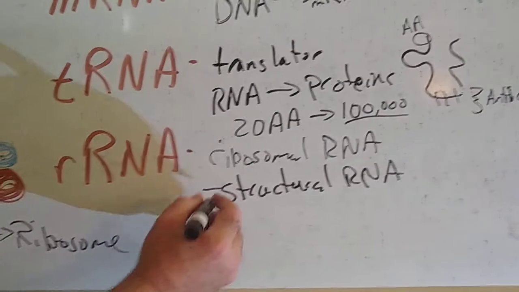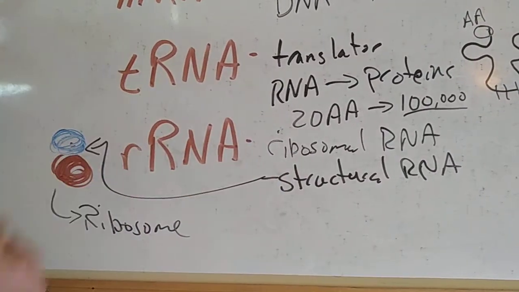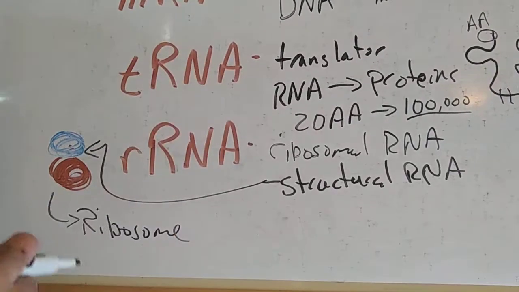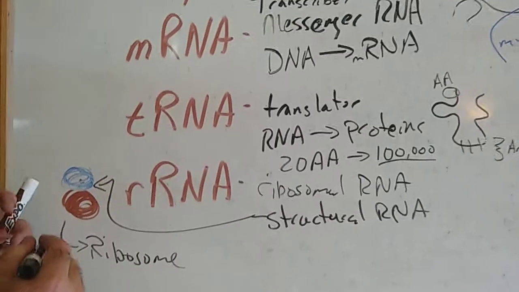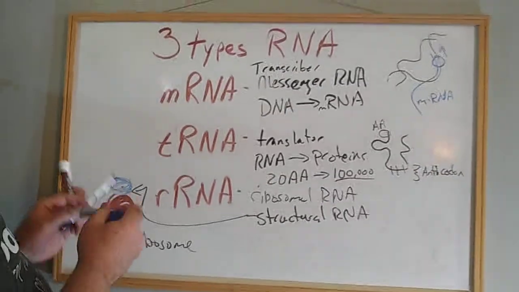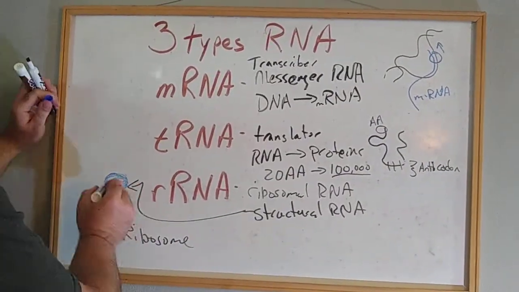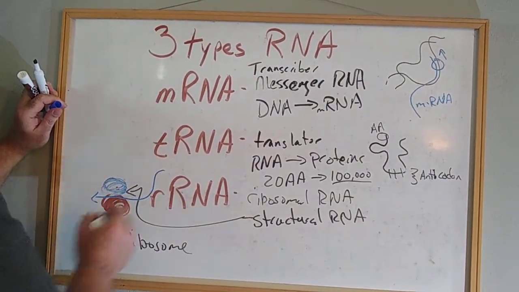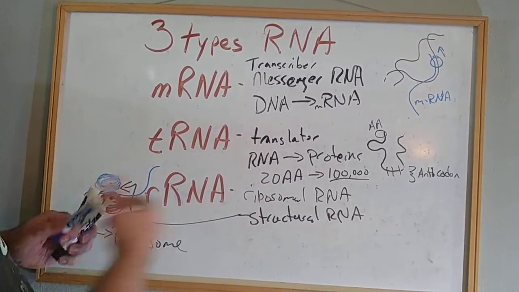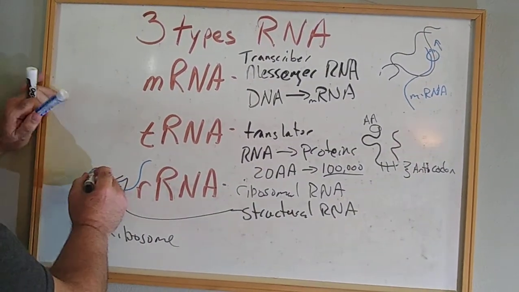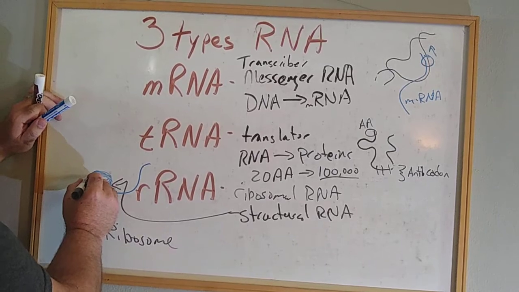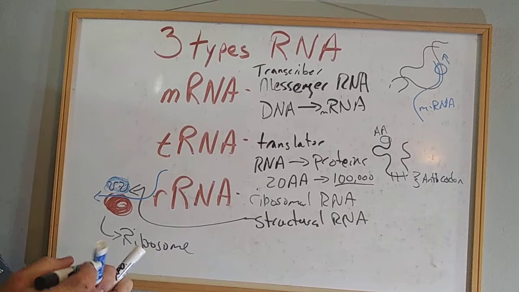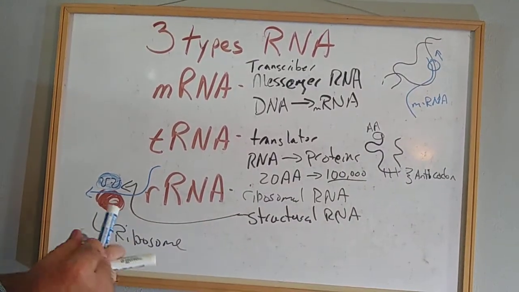It actually is part of the structure. And that structure is right there. Okay? And it is a binding site for our two other RNAs. The messenger RNA is going to attach right between the two. It comes in, feeds right in like this. Okay? And our tRNAs are going to bind to two sites up on here that help build our protein molecule. And again, we're going to go into more detail on that on our next video.